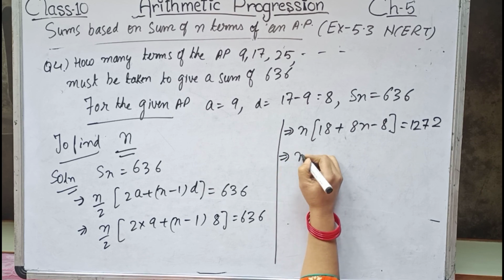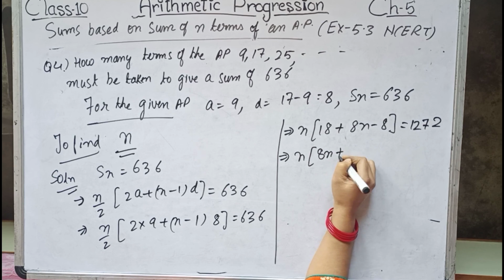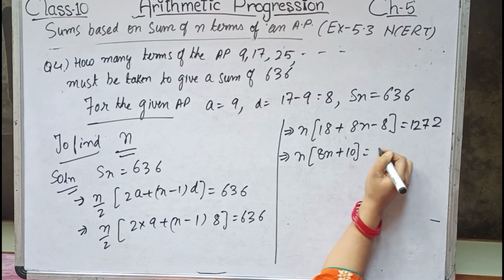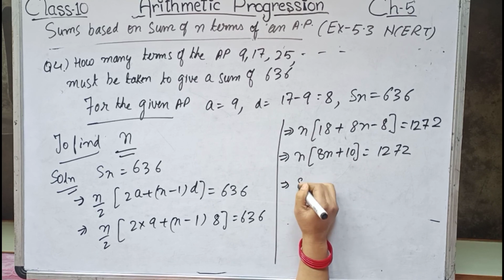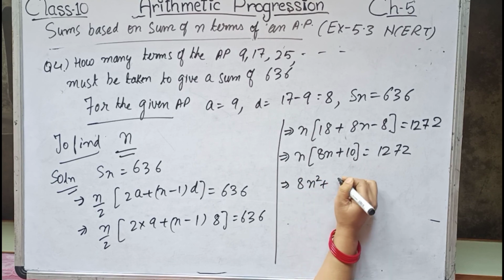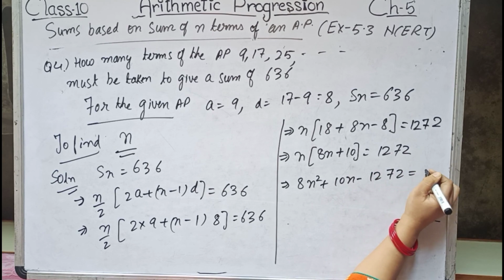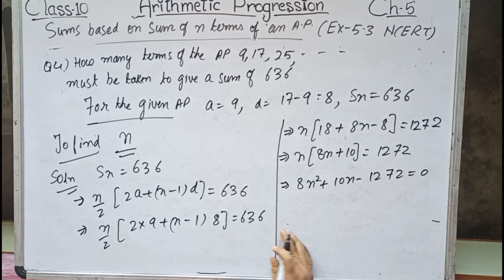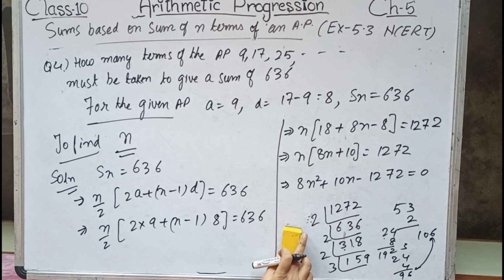This implies n, then over here 8n plus 10 equals 1272. This implies 8n square plus 10n minus 1272 equals 0. Now you can solve this quadratic expression in n by using the quadratic formula.